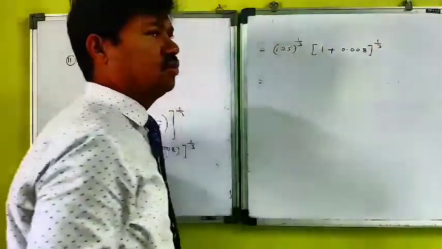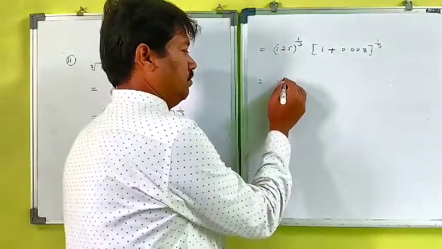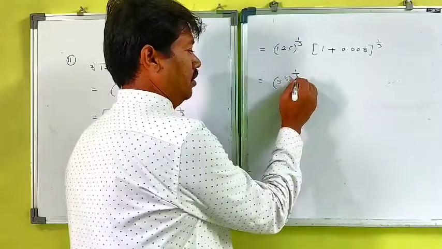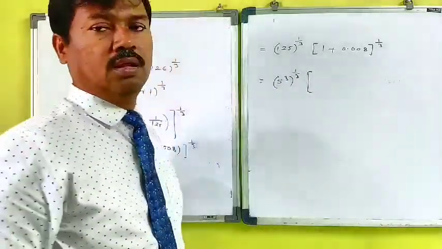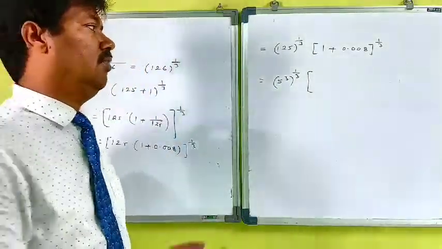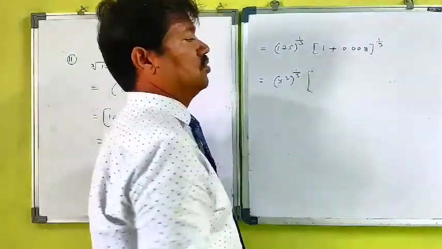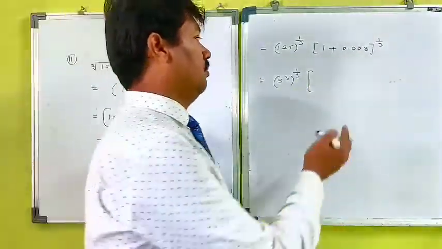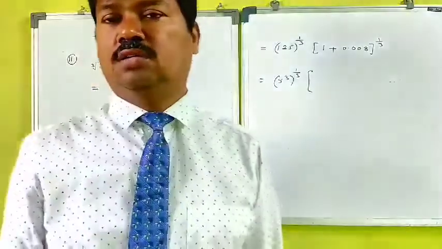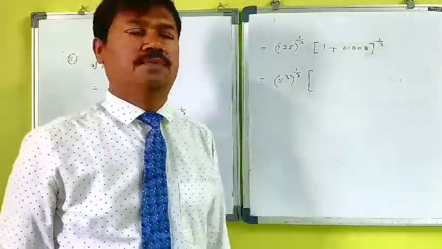So 125 raised to 1 upon 3 is what? It is 5. Then, since we need up to 4 decimals, I think 2 terms are enough in this, because already it is up to 3 places, 0.008.